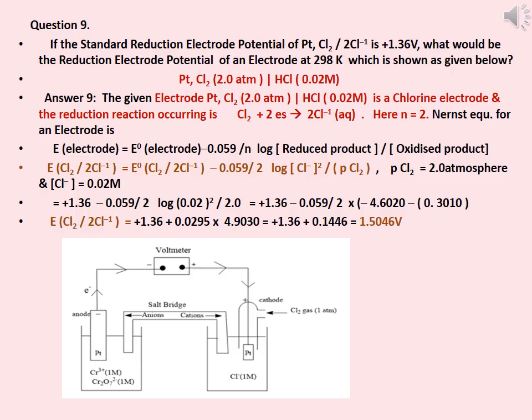So the electrode potential of the chlorine electrode works out to be 1.5046 volt. The only caution to be taken when using the Nernst equation is that the log values are log of reduced product by oxidized product. I have also shown a galvanic cell where the chlorine electrode functions as the cathode.